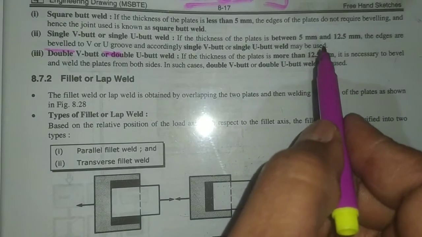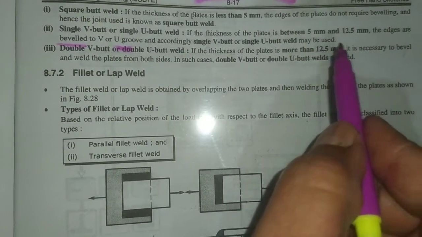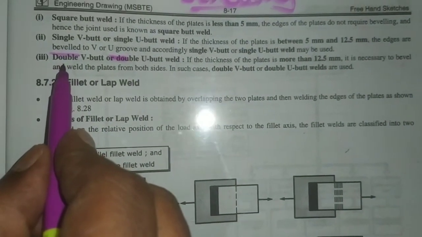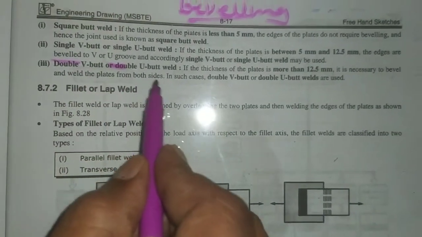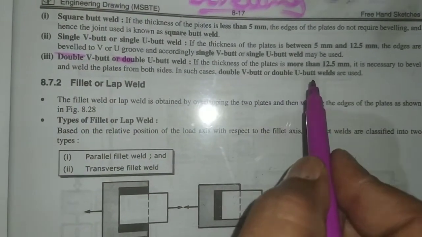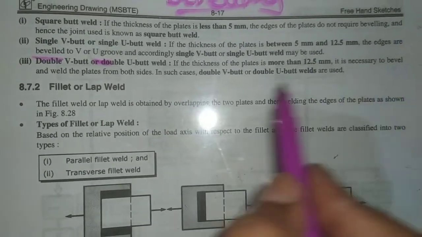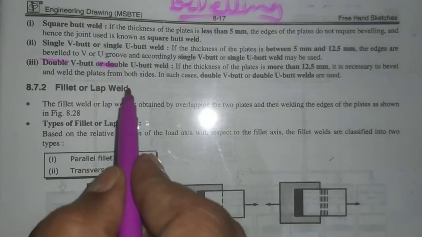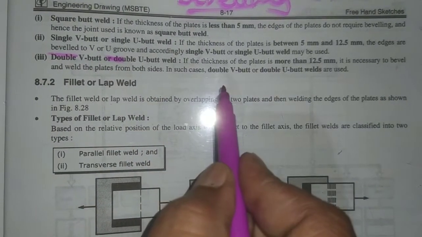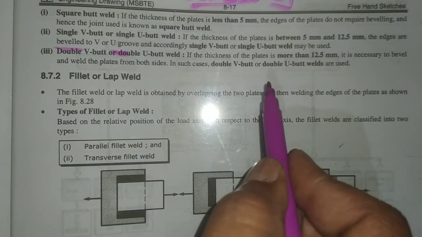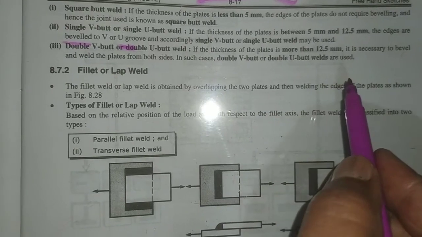What is the plate thickness? 5 to 12.5 mm. Now for the double V-butt and double U-butt, if the thickness of the plate is more than 12.5 mm, it is necessary to bevel and weld the plates from both sides. In such cases, it is named as double V-butt or double U-butt weld.